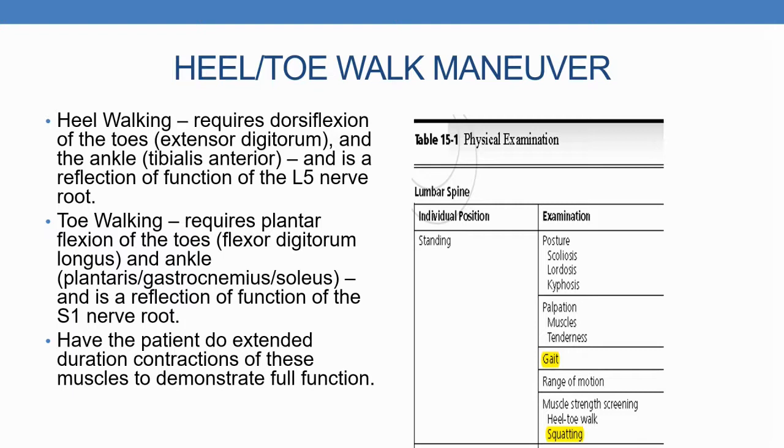And of course, in the neurologic examination, we're going to be doing manual muscle testing to assess the motor function of the lumbar spine nerve roots, including L5 and S1.